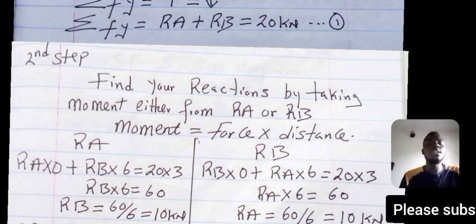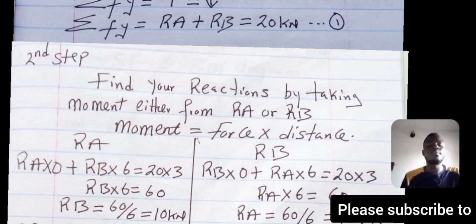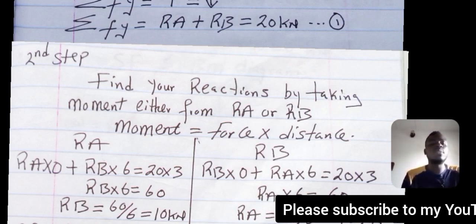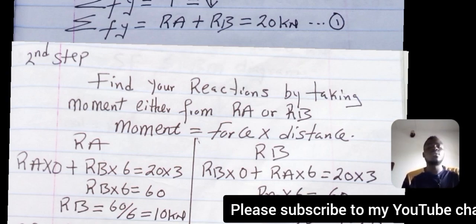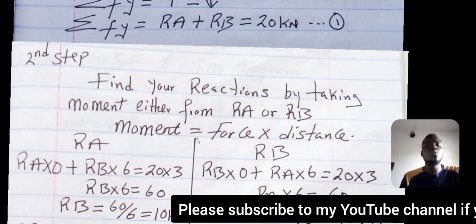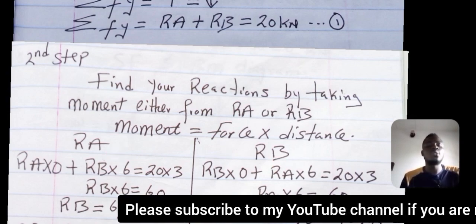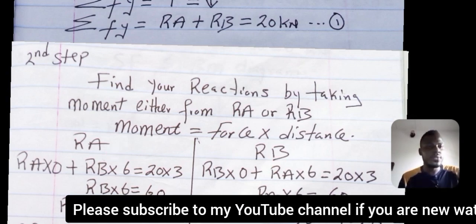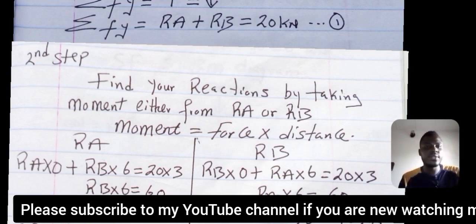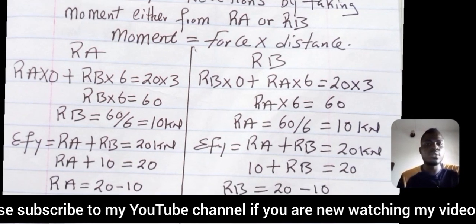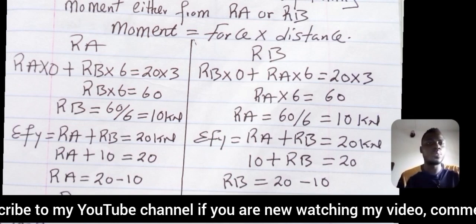In case I'm giving this problem in class, you can do either RA or RB, but for the sake of the lesson I have to do both so that we can catch it up as we go.